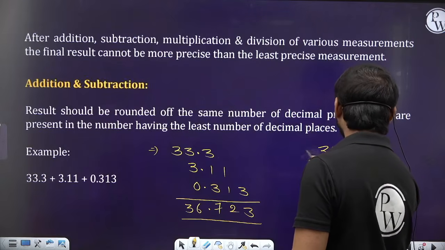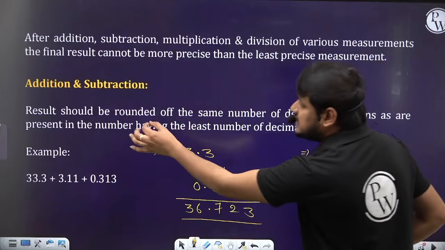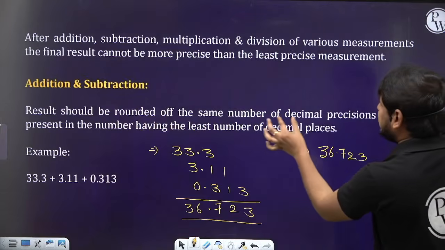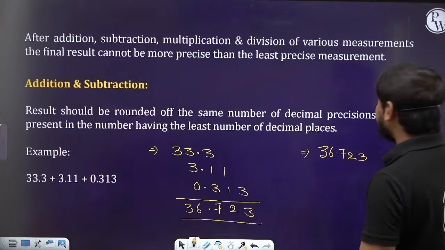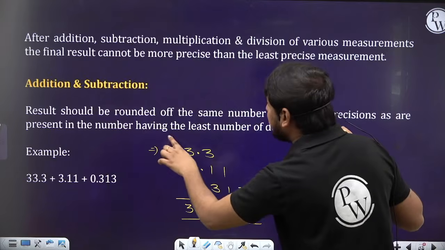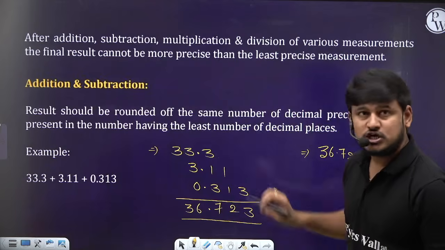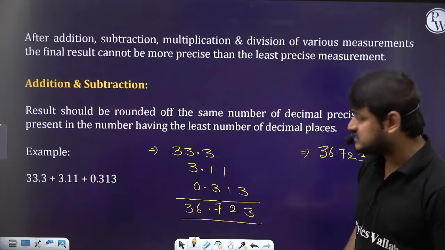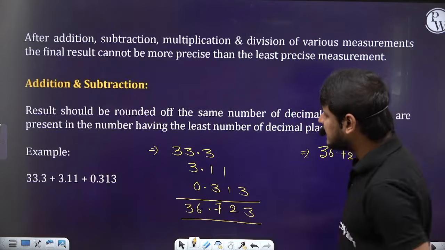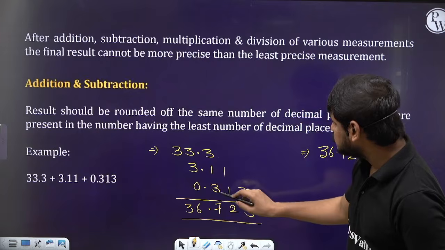We have got 36.723. Now what they are saying: the result should be rounded off to the same number of decimal places as are present in the number having the least number of decimal places. In all these individual terms, which has the least number of decimals? 33.3 has 1 decimal, this has 2, this has 3.